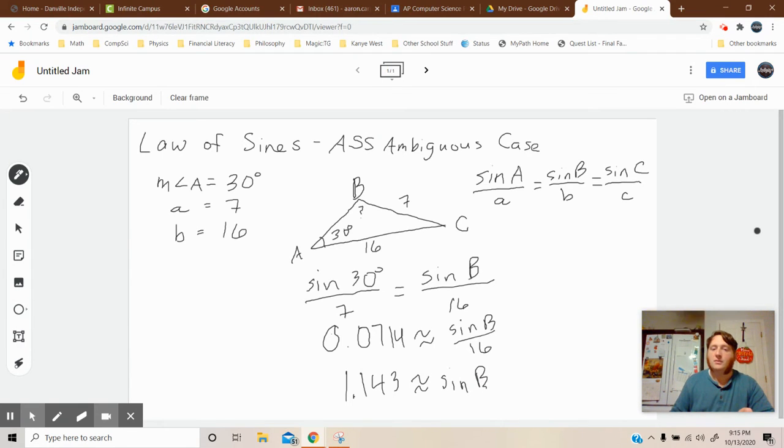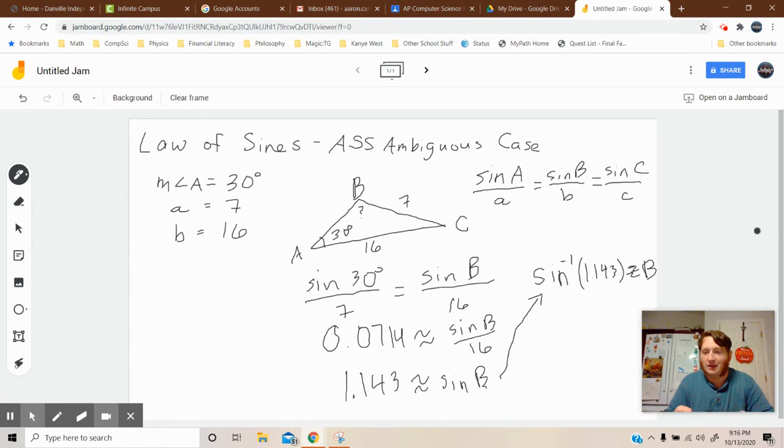Because we know the ratio and want the angle, this is an inverse sine problem, so have the calculator look it up for you. That's approximately equal to angle B.